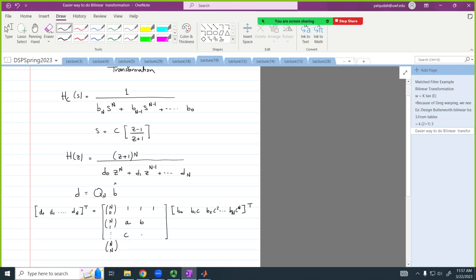N is the order of filter? Yes. So this matrix is going to be an n plus 1 multiplied by an n plus 1 square matrix.